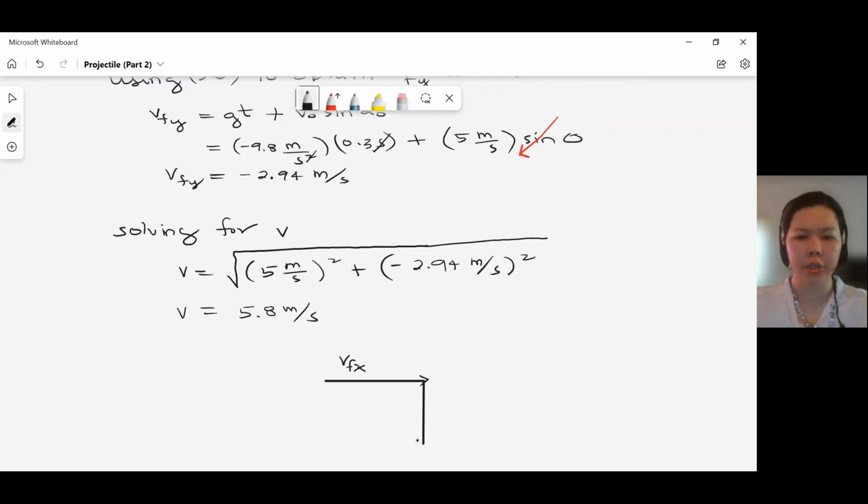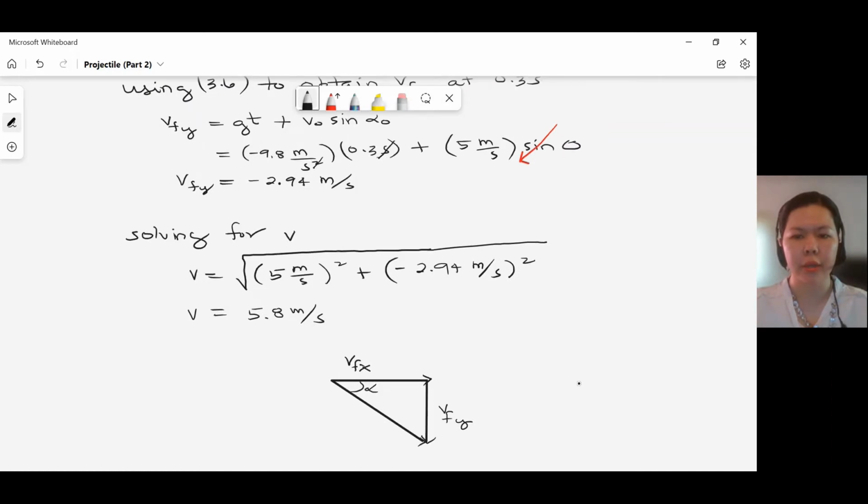It's a rough sketch. So we will be getting the angle. I'm using alpha as the direction, the angle.